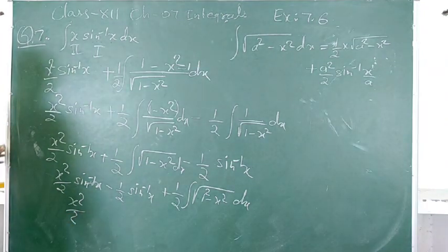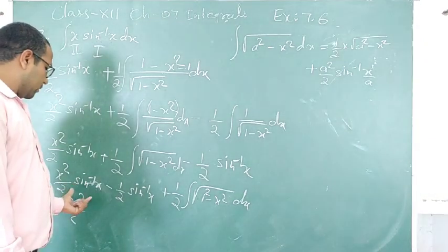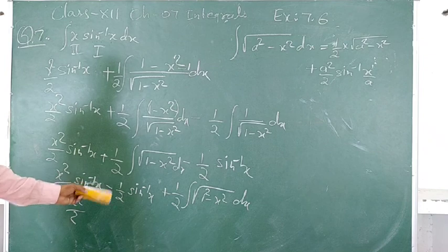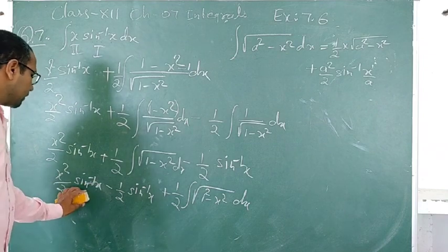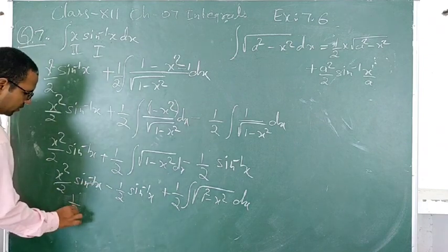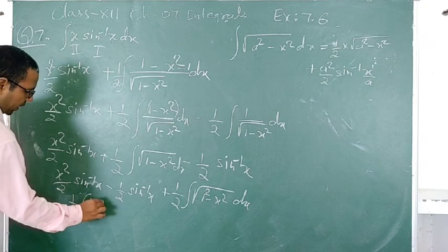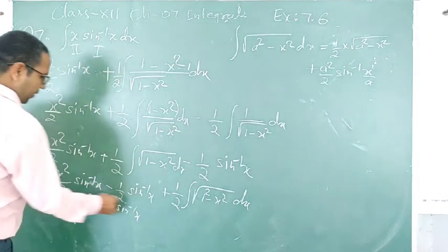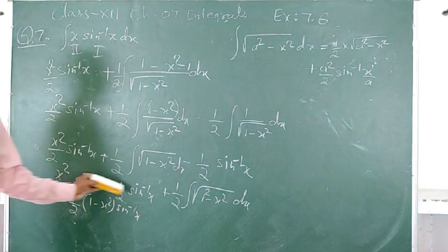So generally we can take common sin inverse x and 1 by 2 from this one, and we get x square minus 1 in the bracket. So 1 by 2 just taken common, so 1 minus x square in the bracket, you will get sin inverse x. Just we have taken the common from these two terms.